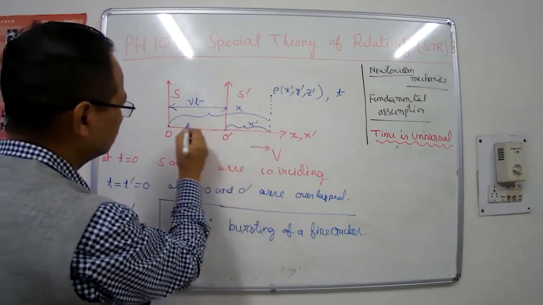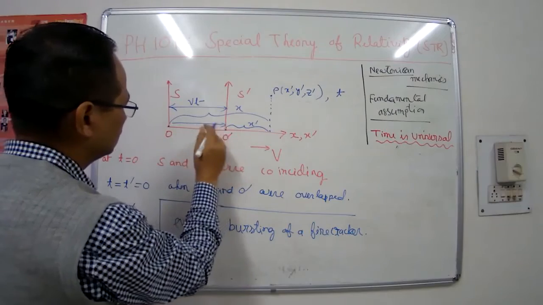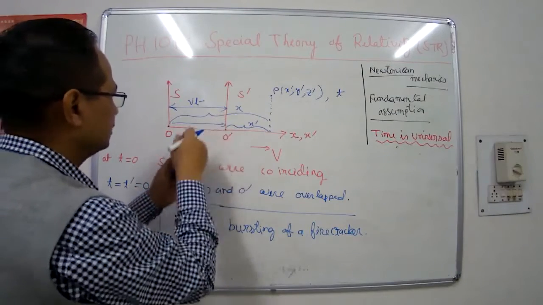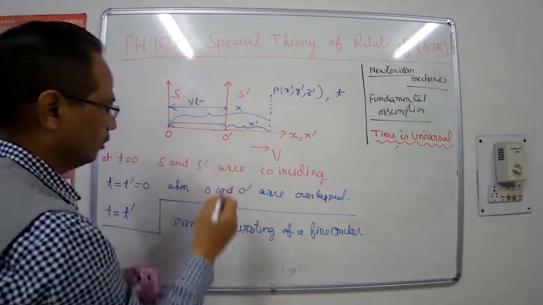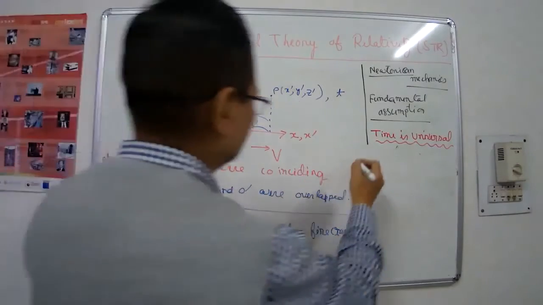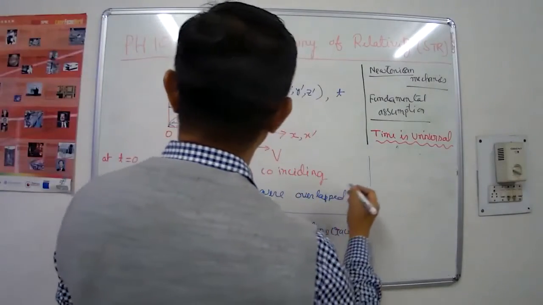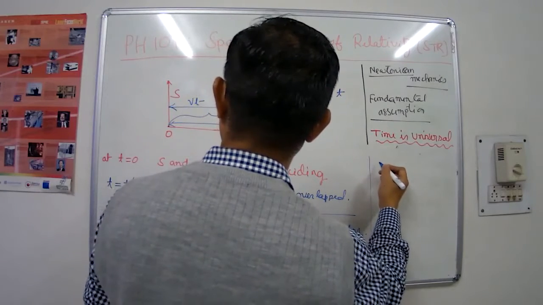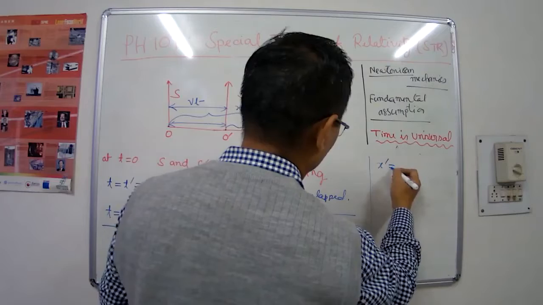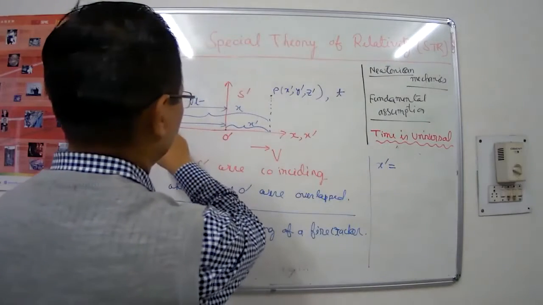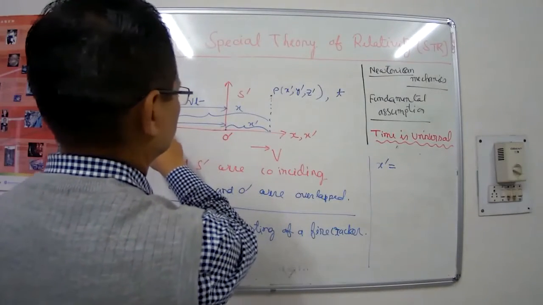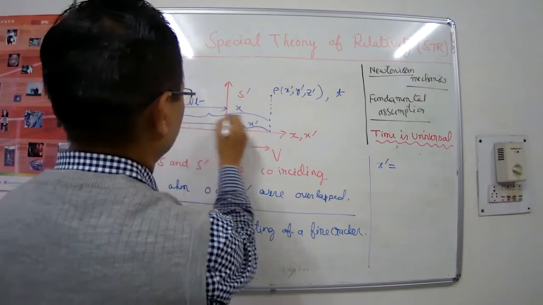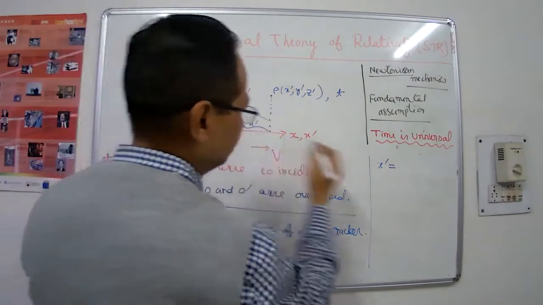X. Now you know, sorry, this I have already written. This separation is Vt that I have already written. So it means that if I can write X prime is equal to X minus Vt.